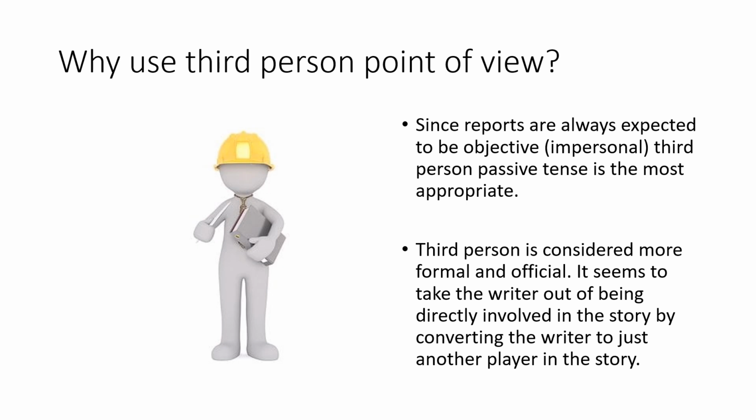That's what we're trying to do. So we're trying to be a little more formal and official in our communication of information by taking I, we, me out of the report. And it's the inspector. It's whoever.